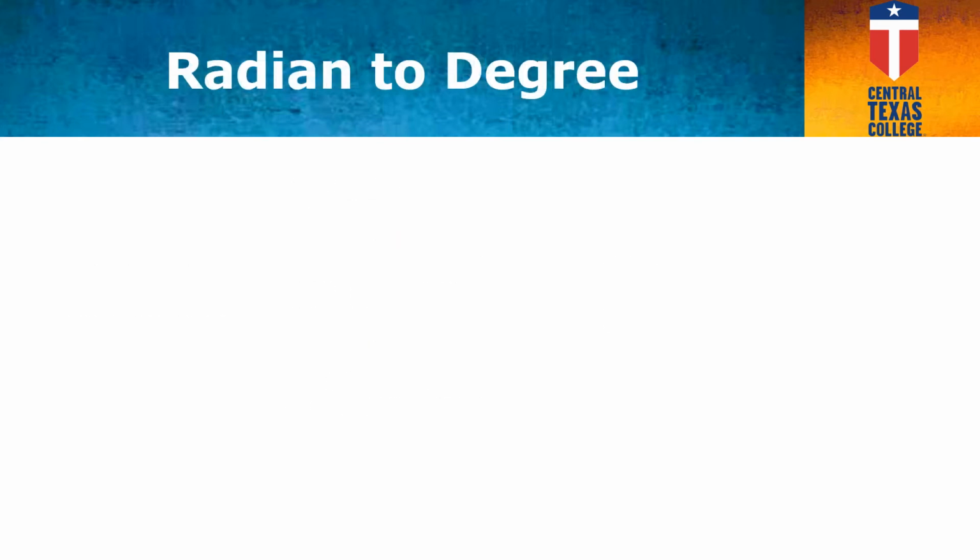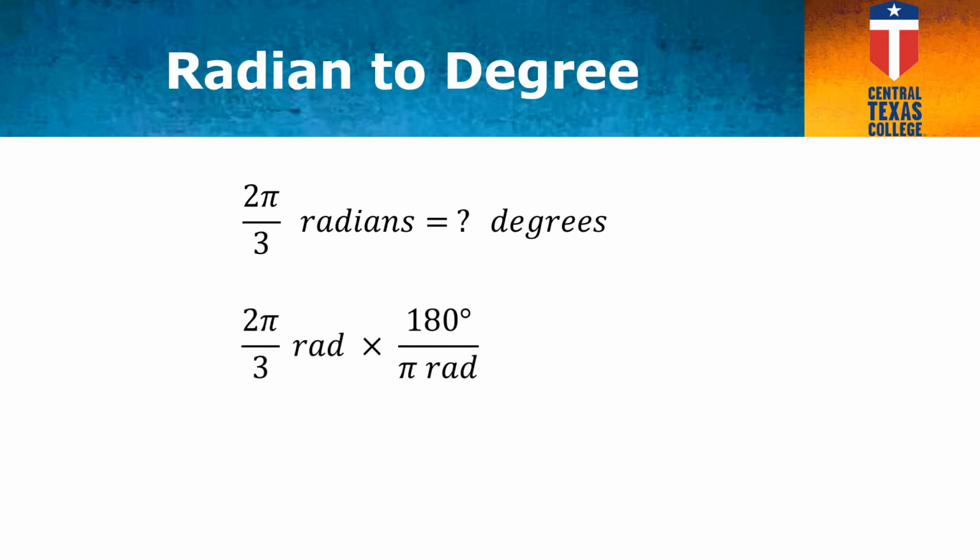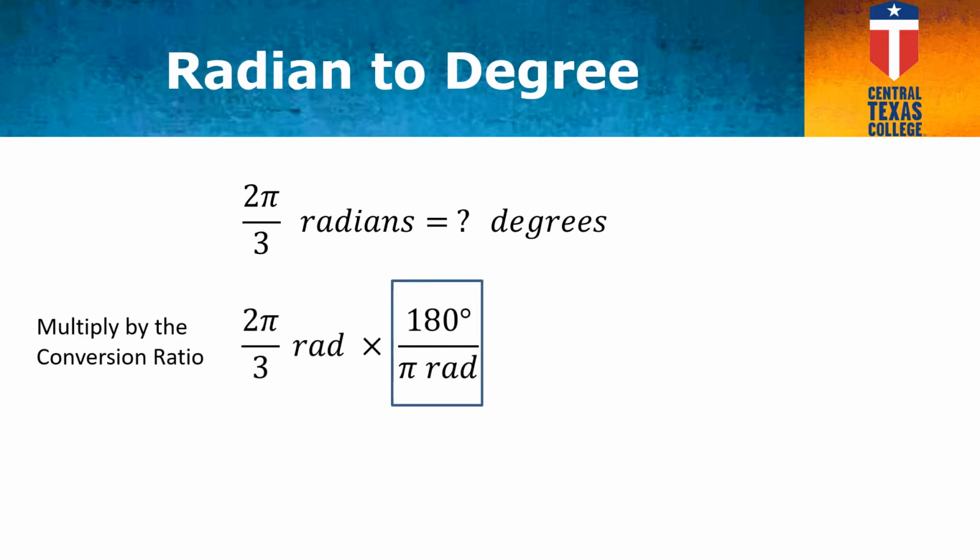Let's do an example of converting radians to degrees. Let's say we had 2 pi thirds radians and we want to know what that equals in degrees. Since we started with radians, we will multiply by the conversion ratio that has radians on the bottom. So we will multiply 2 pi thirds radians by 180 degrees over pi radians.